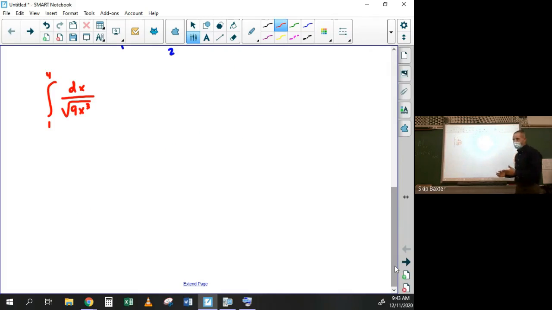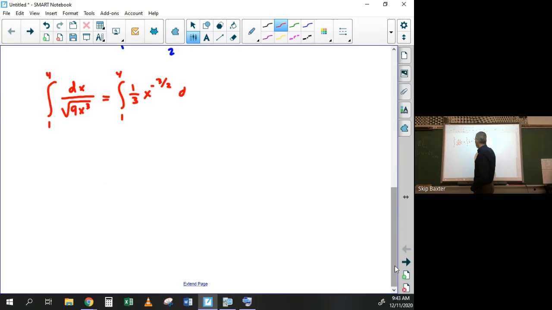This would be good practice for actually taking indefinite integrals as well. The first thing I would do is rewrite this as the integral from 1 to 4 of 1/3 x to the negative 3/2 dx.